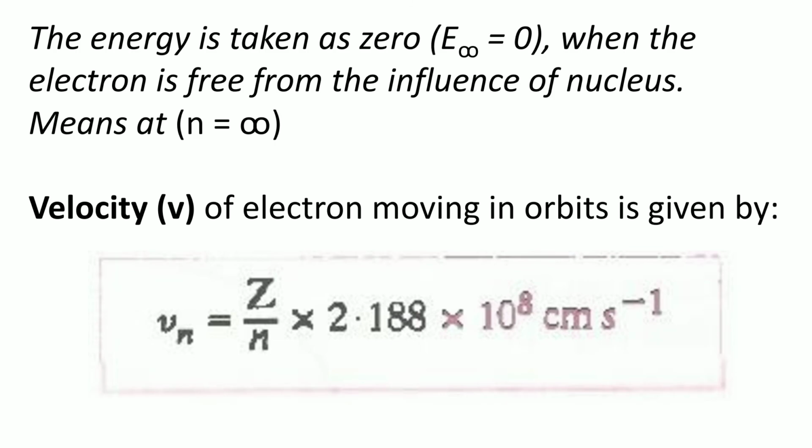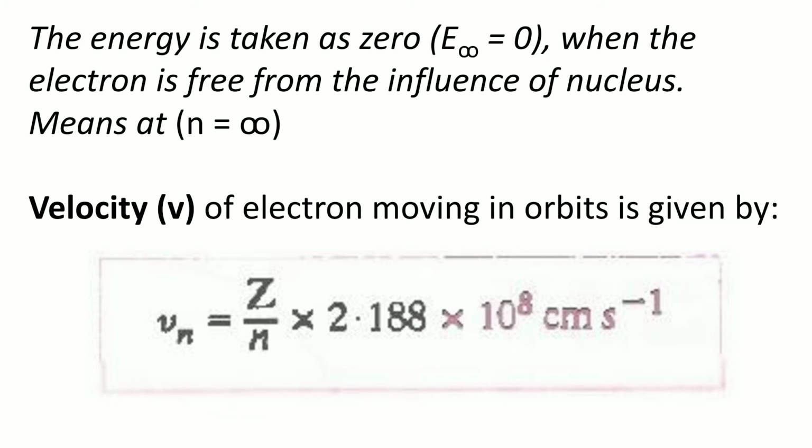The energy is taken as 0 for the infinite shell, if the principal quantum number n value is infinite. So you can calculate E infinity, that is the infinite shell energy, which is also 0, because n square, that means infinity squared, is also infinite, and if you divide something by infinity you get 0.